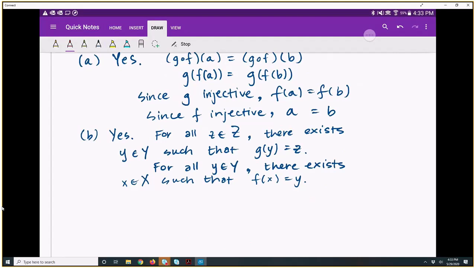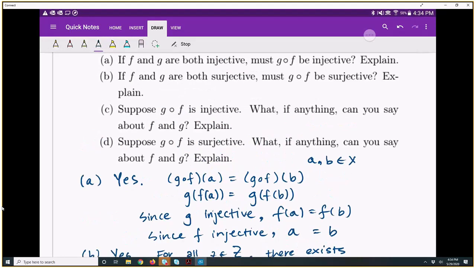So if we take this little x and we apply the composition to it, this is g of f of x, which is g of y, which I already know is little z. So for any little z in my codomain, I can find, using the surjectivity of g and f, its preimage in the domain. Hence the composition is surjective.